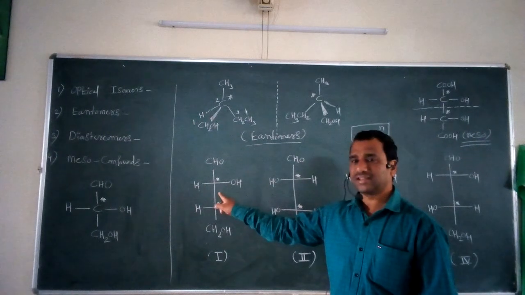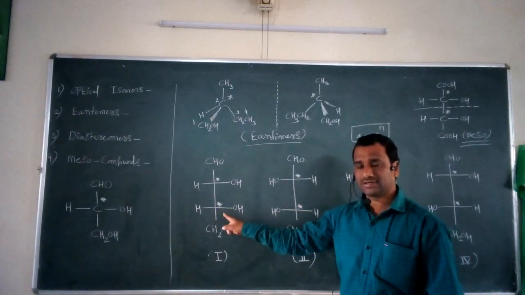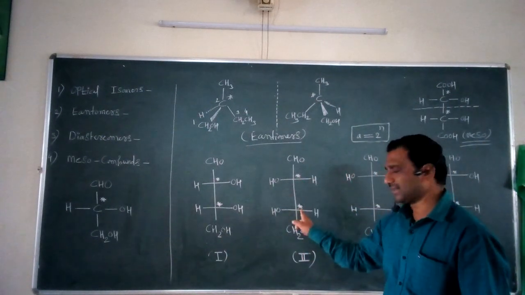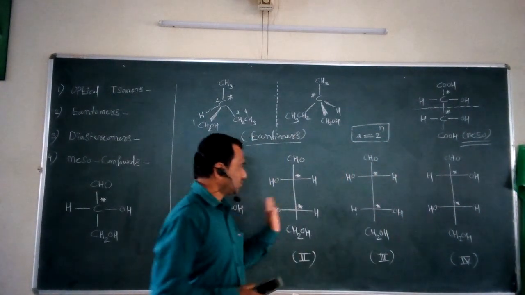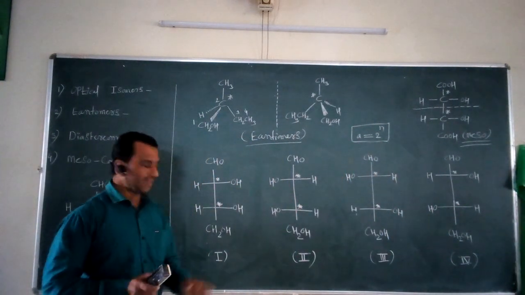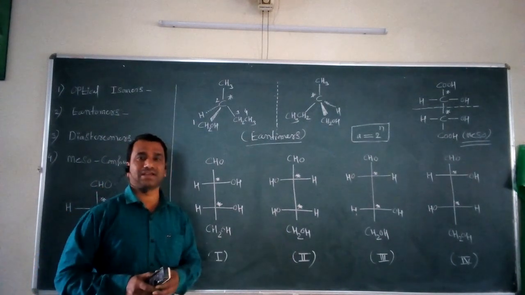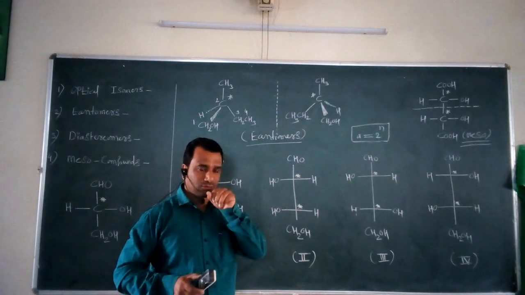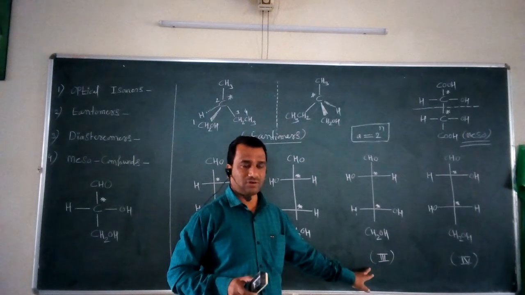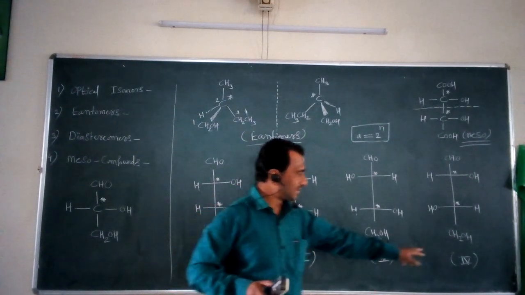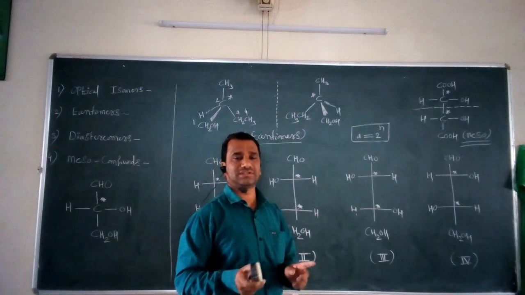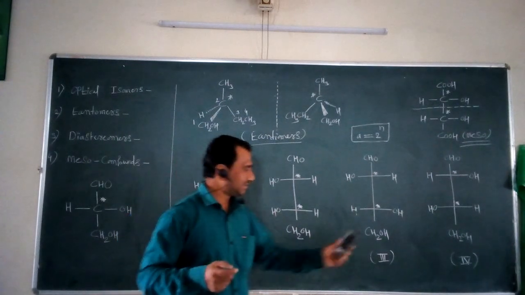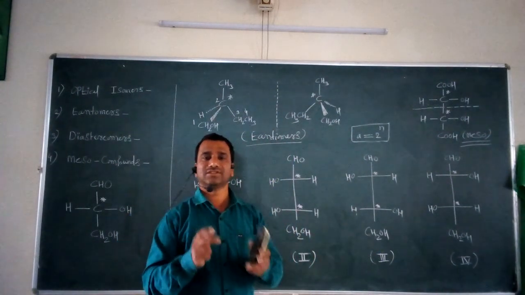Because chiral center number 2 and chiral center number 3 in this first compound and in this second compound are non-superimposable, and that's why stereoisomers first and second are called the enantiomers of each other. Now, if we look at stereoisomer number 3 and stereoisomer number 4, again these two are non-superimposable mirror images of each other. So again, 3 and 4 are called the enantiomers of each other.